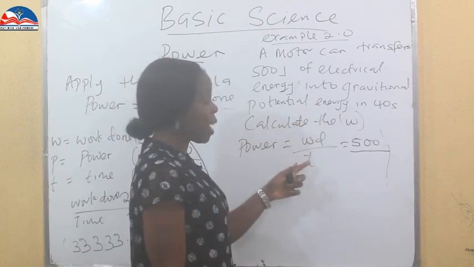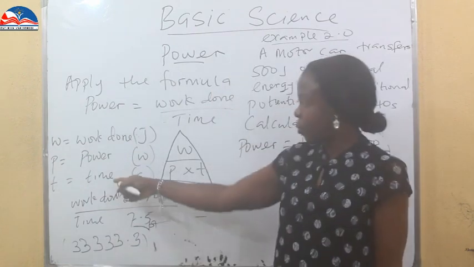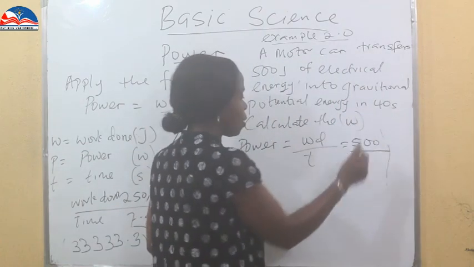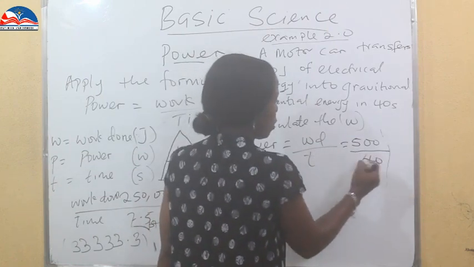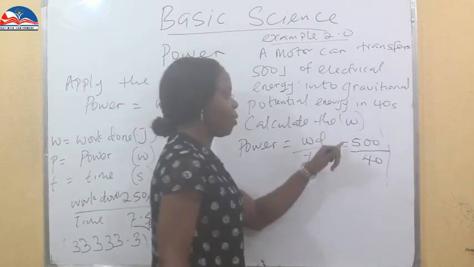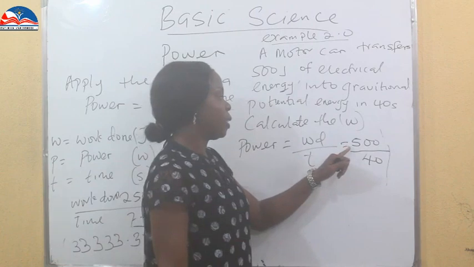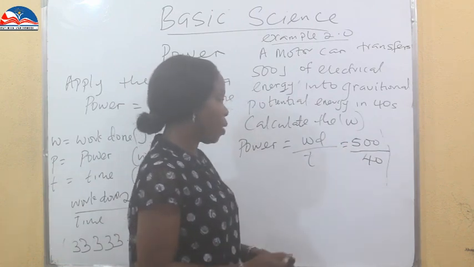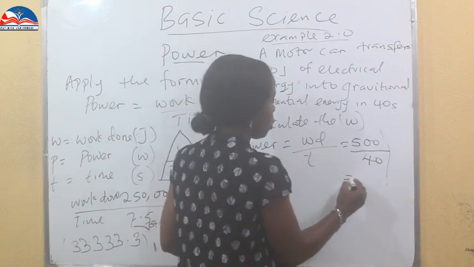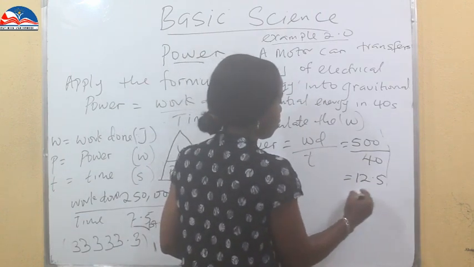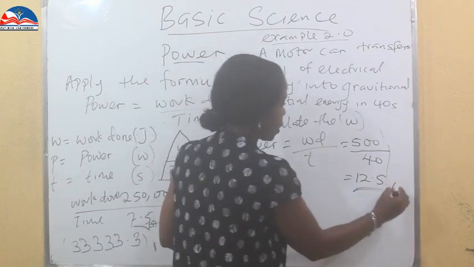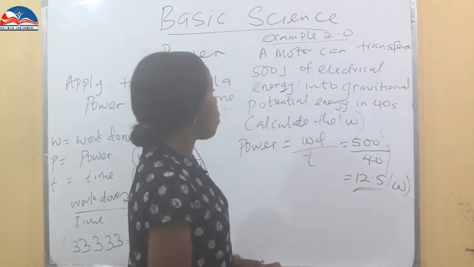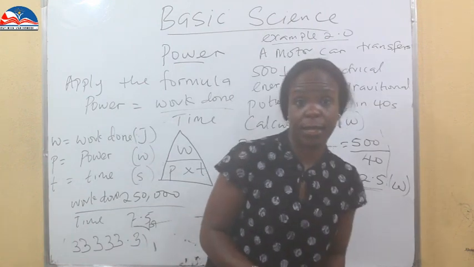And our formula T here is measured in seconds, so 40 seconds. Now if you divide 500 divided by 40, what will you have? You are going to have 12.5 watts. Remember I said calculate the watts.